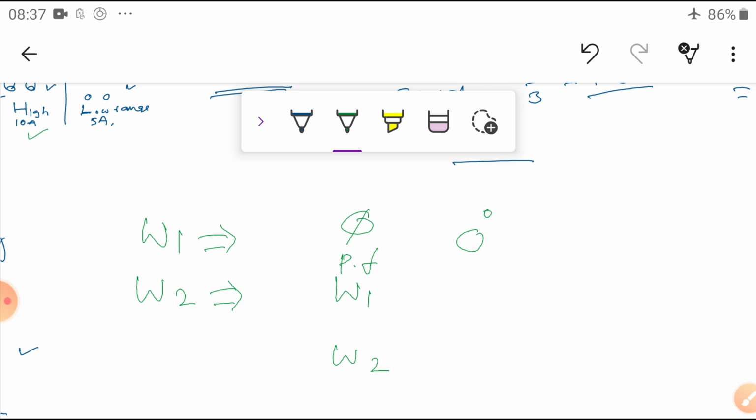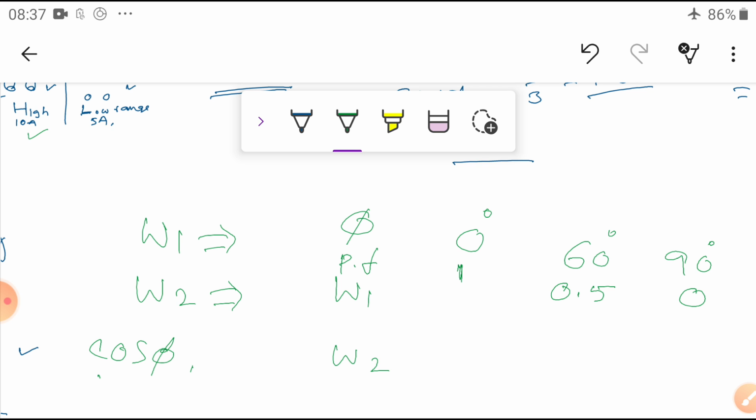At phi equal to 0, cos 0 is equal to 1, that is power factor 1. And power factor at 60 degrees, for example, what is cos 60? Cos 60 is exactly 0.5, and at 90 degrees, cos 90 is equal to 0.